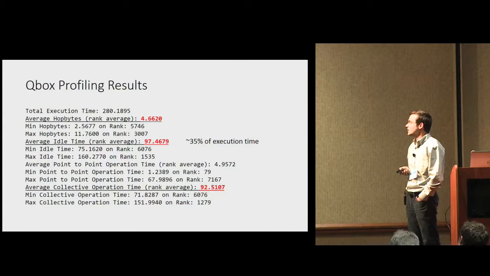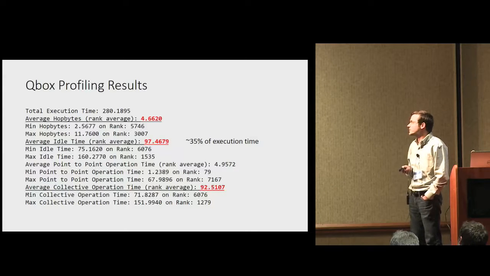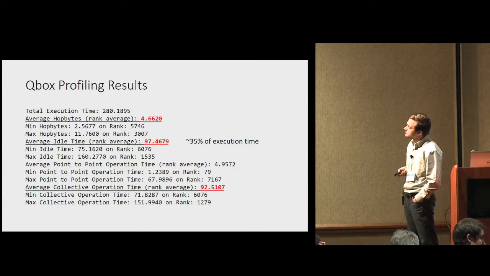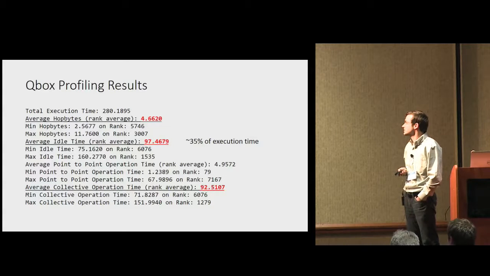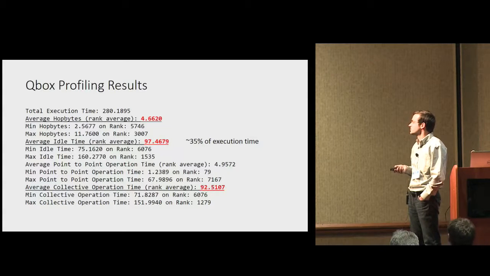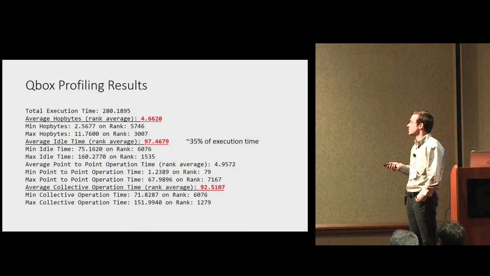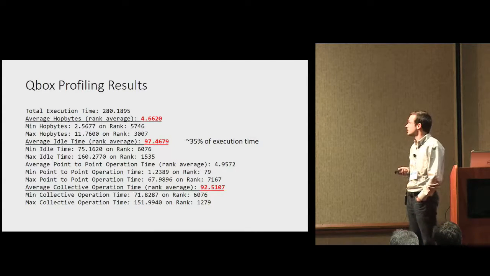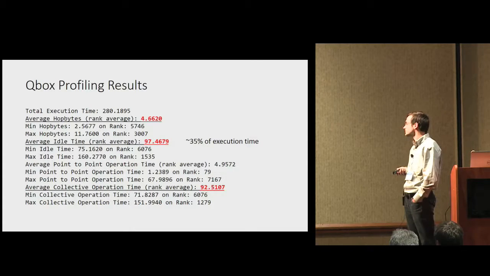So we profiled this to see what was happening, and I think this is for a 16,000 task job. It spends 35% of the time in communication, which is not too bad. And almost all of this time is on collectives.